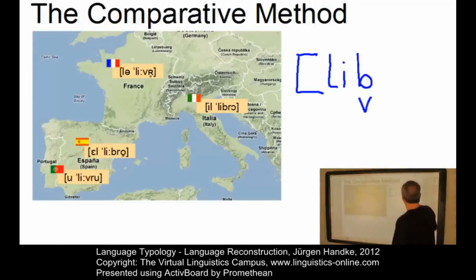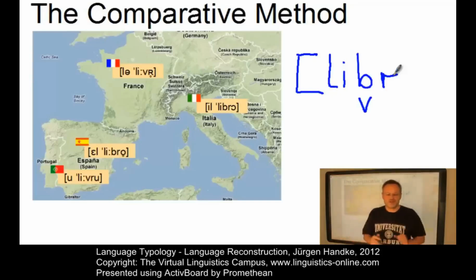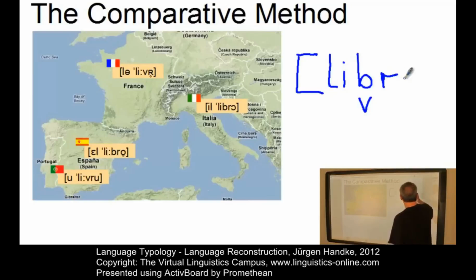And then we have some sort of R, which can either be alveolar or even uvular or velar. Well, and then in some of these languages we have a vowel. So let's represent it like this.